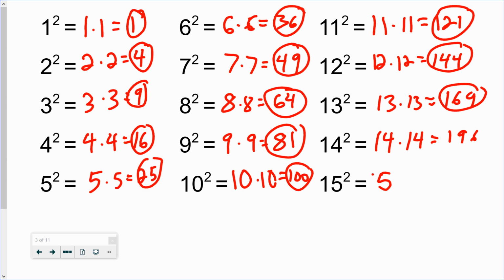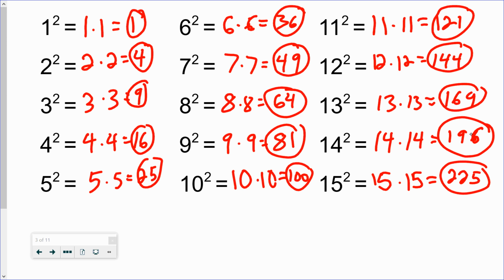And 15 times 15 is going to make 225. Boy, that's a lot. We're going to talk about finding that other ways in just a second, but just multiplying together, you can do all that work with your calculator.